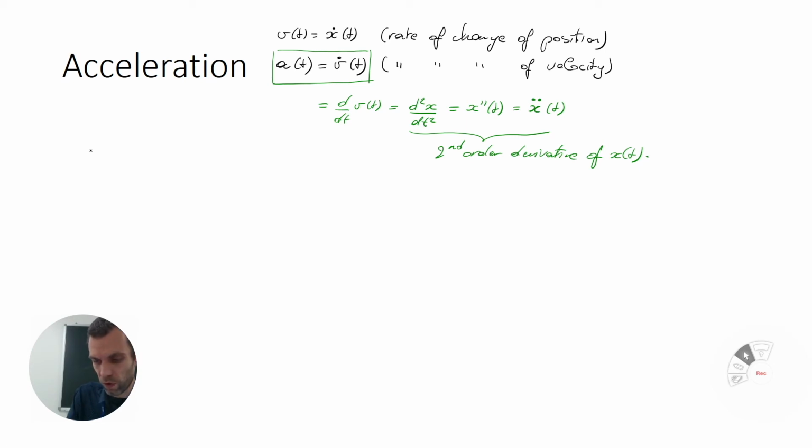So there's a couple of special cases to look into. If a of t is bigger than 0, then we have that v of t is increasing. And likewise, if the acceleration is negative, then v of t, the velocity, decreases.